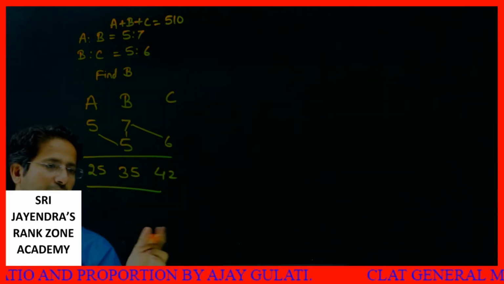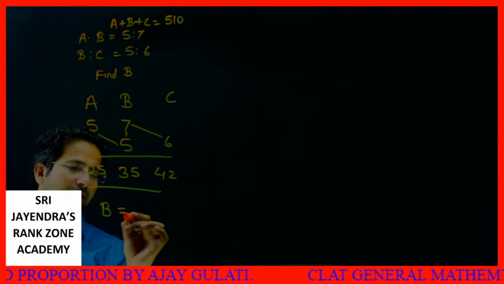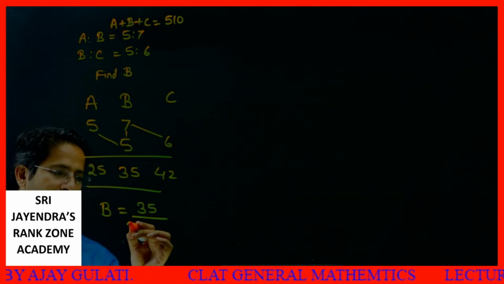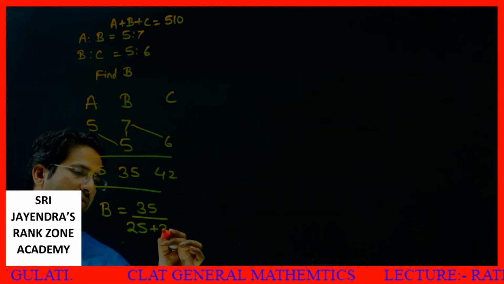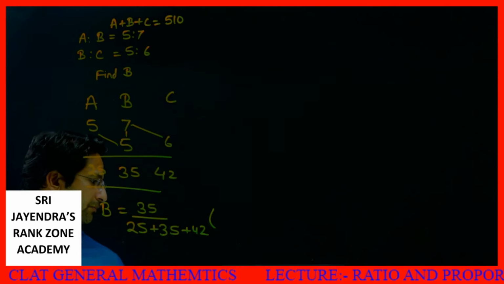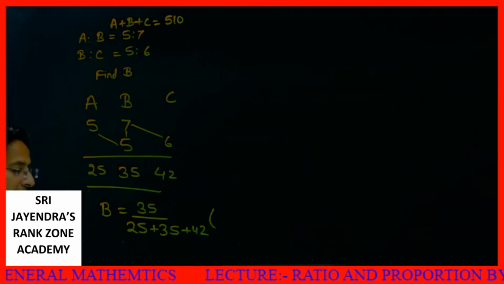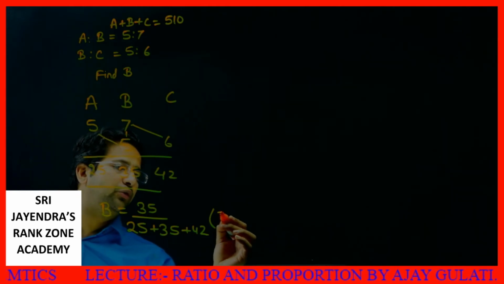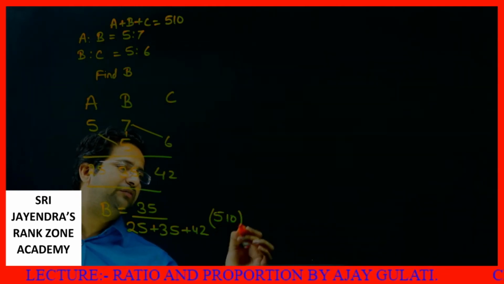We will directly do B is equal to what? B is equal to 35 parts out of 25 plus 35 plus 42, of total sum is given to us as 510.